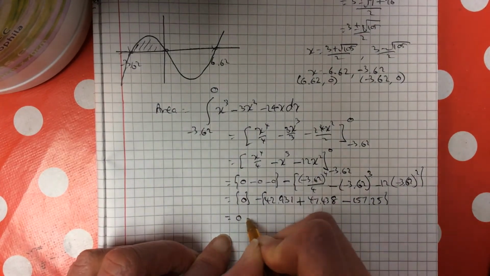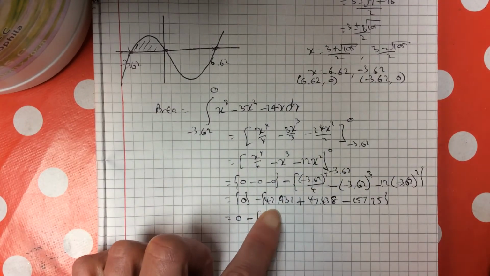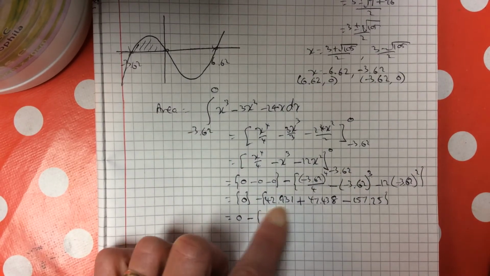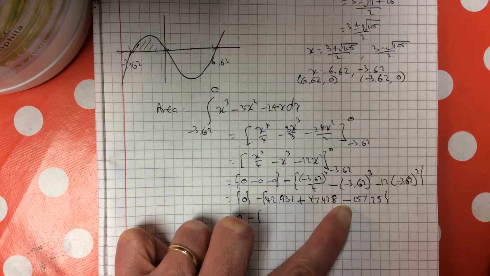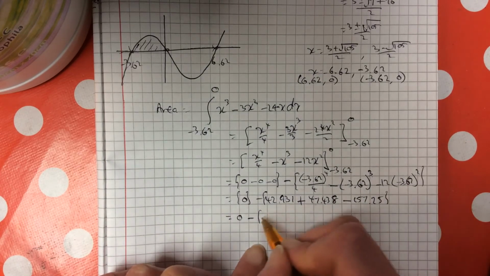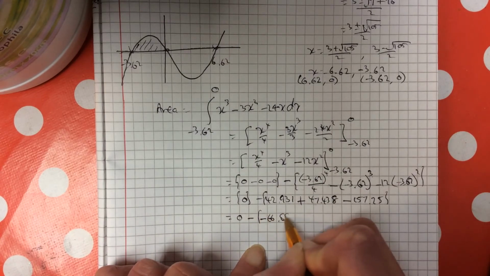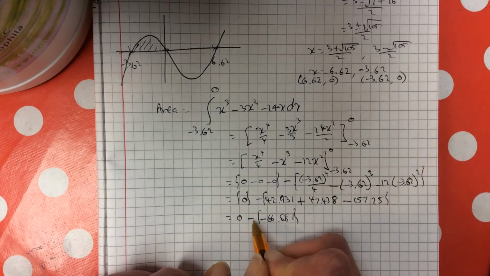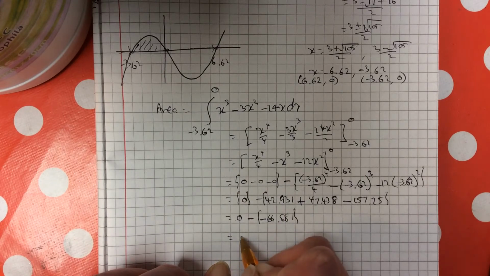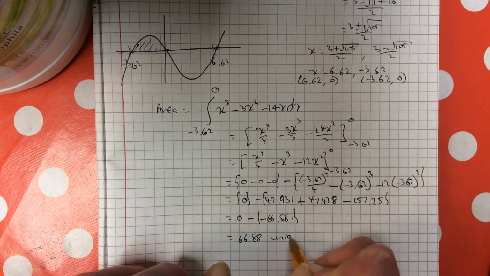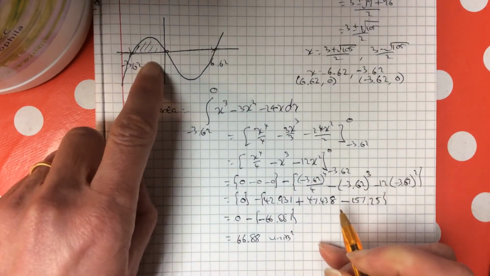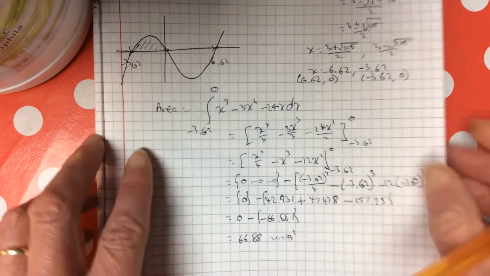So it's 0 minus, just taking my time through this, 42.931, add 47.438 minus 157.25 gives me minus 66.881. Naught minus minus comes a plus, so you're getting an answer of 66.88 units squared. And if you look, it should have been a positive answer, so that's looking good.